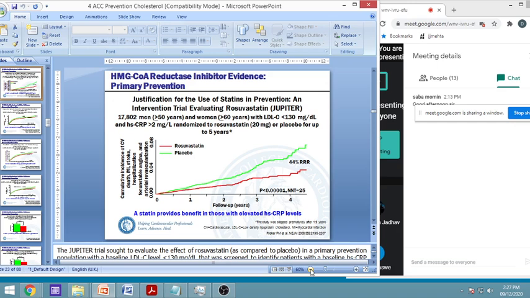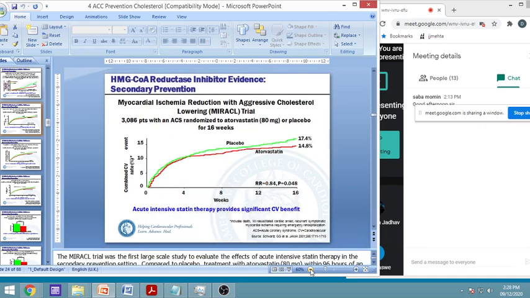So these are not based on the name of some planet or something like that. This is how the names of clinical trials come, so it becomes easy to remember the trial. The basic name is justification for use, that is JU, prevention and intervention trial evaluating rosuvastatin, that is ITER, so Jupiter it becomes. So these are the trials, and it has reduced it by 44% in 4 years.